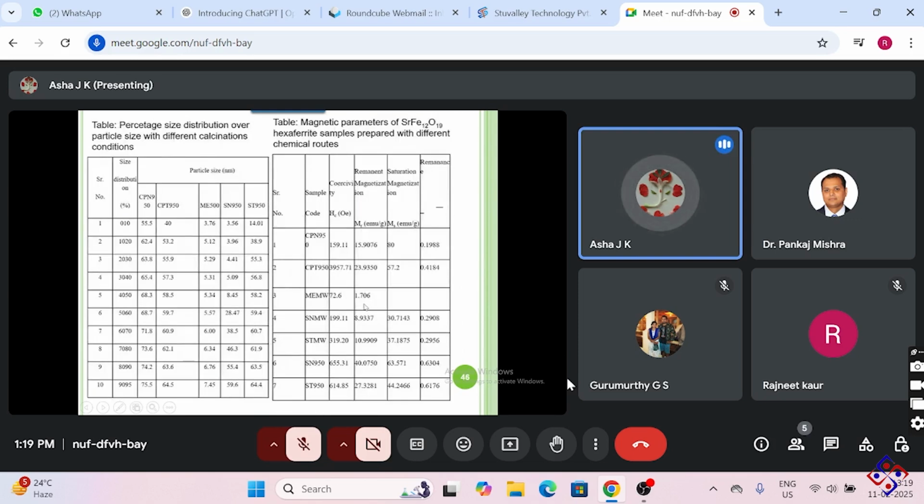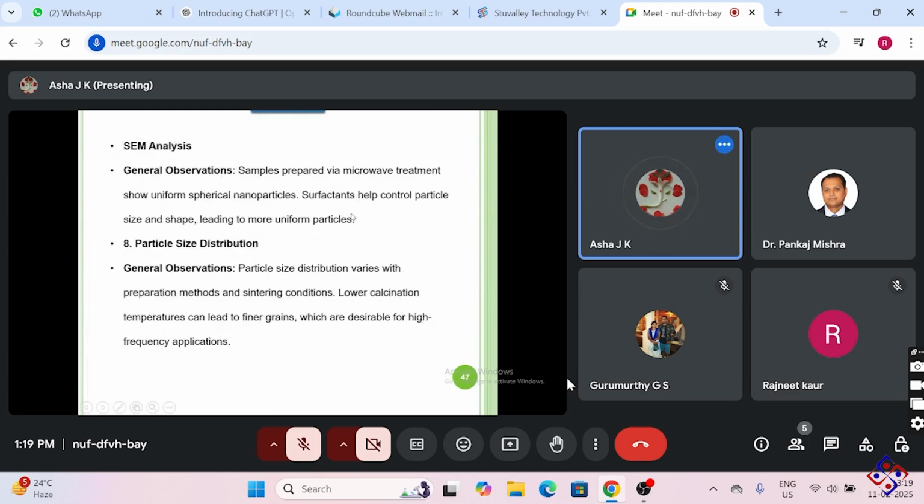So these are the tables which give the percentage size distribution over the particle size with the different calcination conditions. And this is a table which represents the magnetic parameters of SrFe12O19 hexaferrite samples prepared with the different chemical routes.